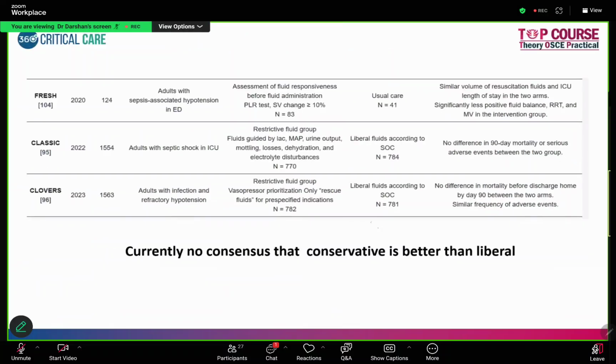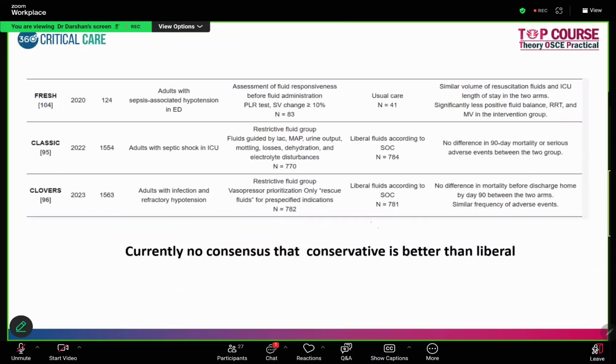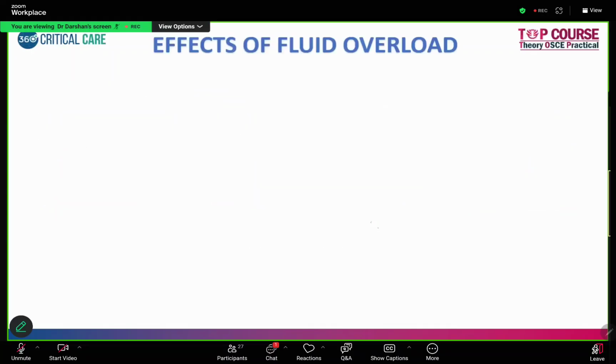There are a lot of studies which were done, starting from EGDT, FEAST, ARISE, SSP, the latest one being the CLOVERS trial in 2023. Currently there is no consensus telling that the restrictive group is superior over the liberal fluid resuscitation group. But having said that, it is always better to do a dynamic fluid assessment and maintain euvolemia as much as possible.